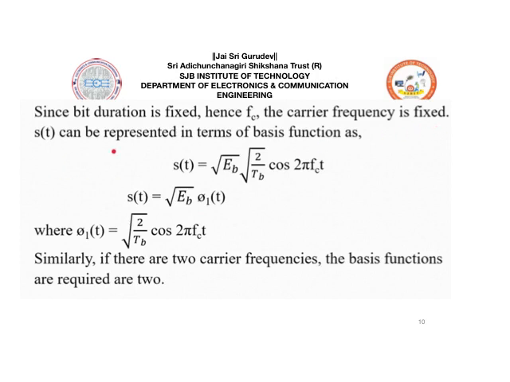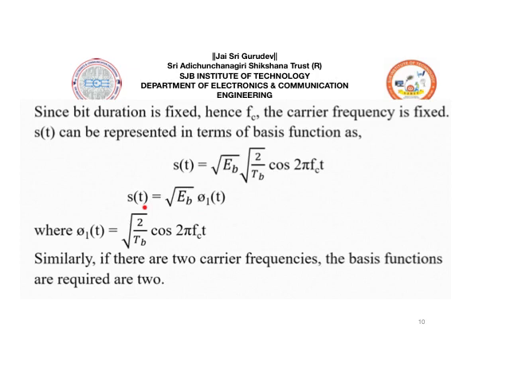Therefore, s of t can be expressed in terms of basis function as s of t is equal to square root of Eb into square root of 2 by Tb into cos of 2 pi fct. Square root of 2 Eb by Tb is segregated as square root of Eb into square root of 2 by Tb into cos of 2 pi fct.